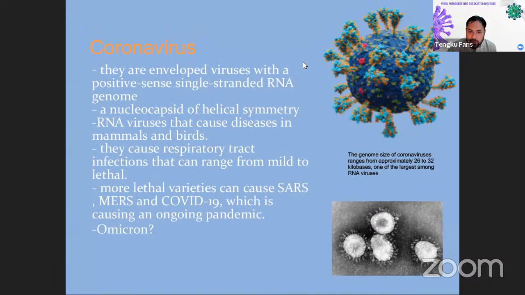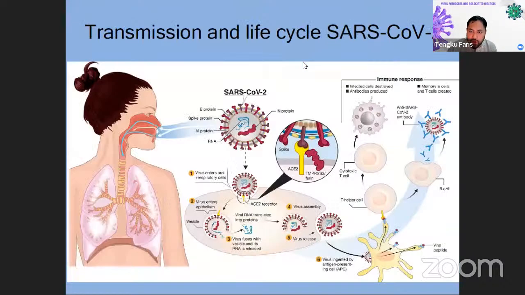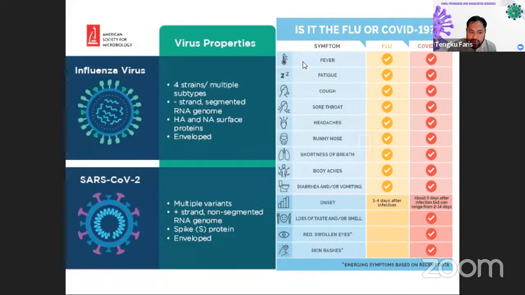As I mentioned earlier, they are quite unique because they are quite similar between each other, like influenza virus and also SARS-CoV-2 virus that caused the COVID-19. Roughly, you can see the structure is quite similar, but of course, there are many differences. If you look at the influenza virus, there are 4 strains and multiple subtypes.